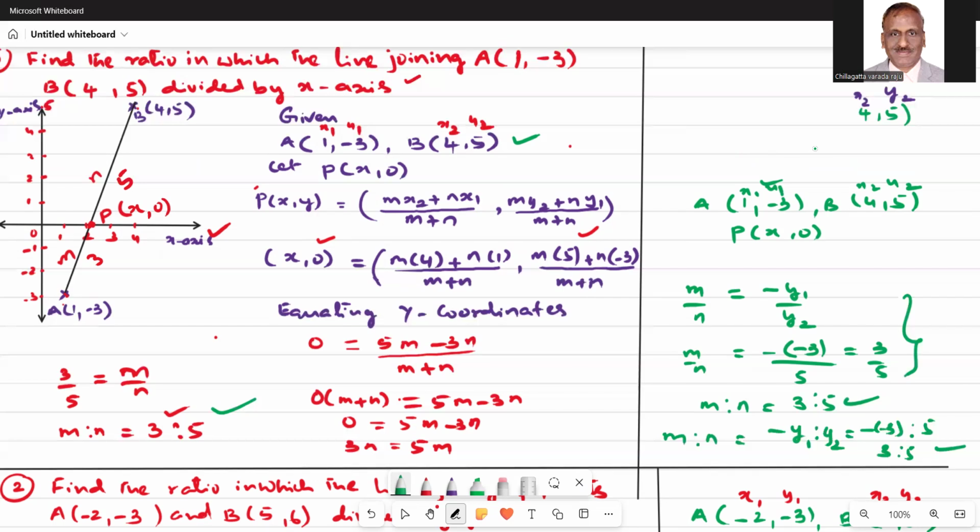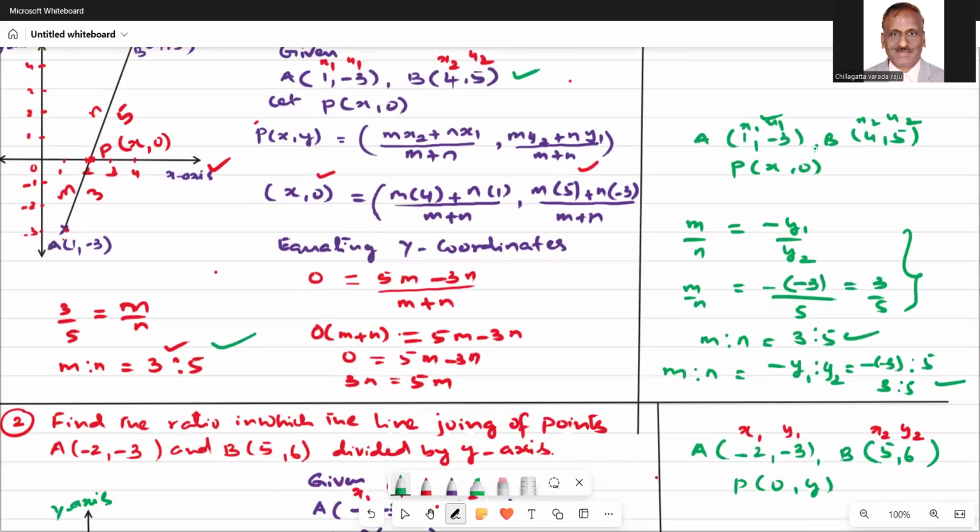Directly you can apply the formula minus y1 is to y2. It is nothing but 3 is to 5. It tallies with the answer you calculated by solving with so many steps. I think this formula, minus y1 by y2, can be used when the line joining the points is cut by the x-axis.